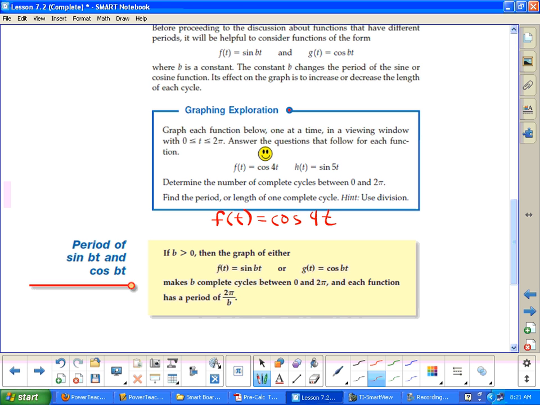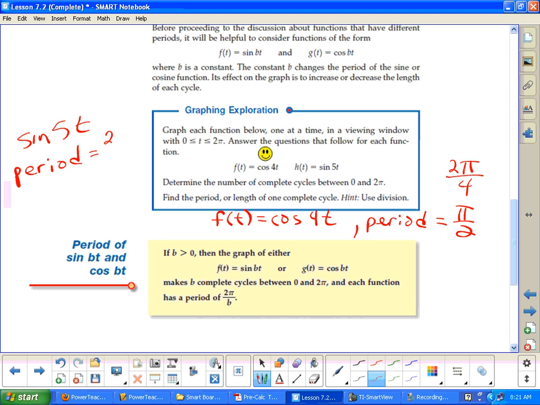We had a length of 2 pi, and we divided by 4. So the period here was pi over 2, which is 2 pi divided by 4. And then for the sine of 5t, what would be the period? We had 5 cycles in a length of 2 pi, so to find the actual period, which represents the length of each cycle, we divide.